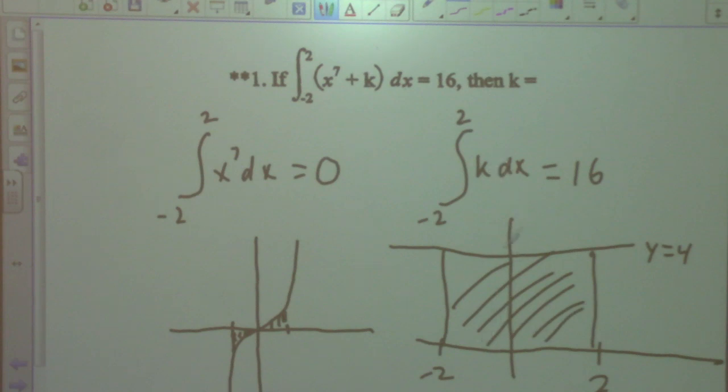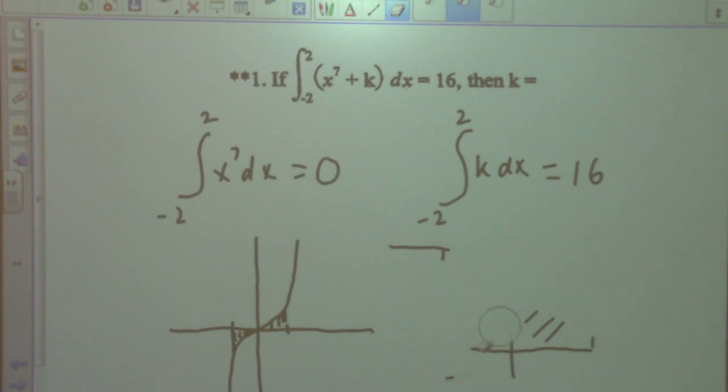If you substitute in 4 for k, you're going to end up with the area of 16. Graphically is the way to do that.